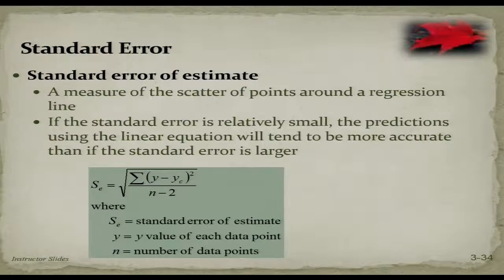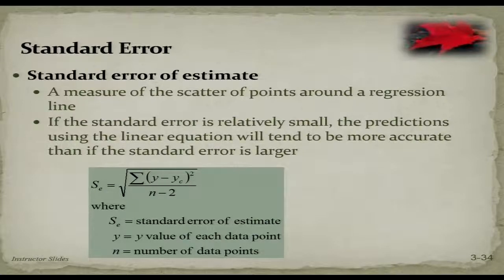Then we need some measurements of our linear regression model's performance. One is standard error. If the standard error is relatively small, the prediction will be more accurate. If you still remember, in statistics we introduced standard error.